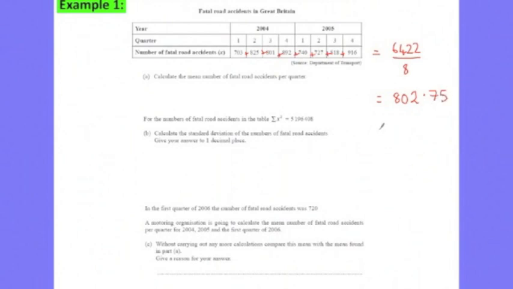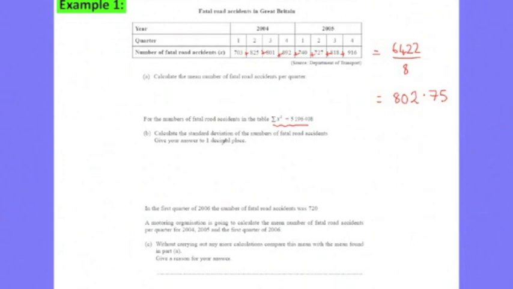We're then told that for the numbers of fatal road accidents in the table, the sum of x squared is equal to this value. So instead of squaring each one of these and adding them up, we have been provided with the information we need to calculate the standard deviation.